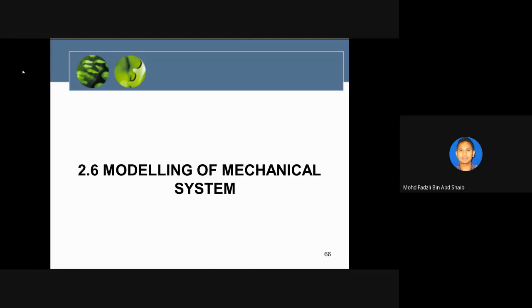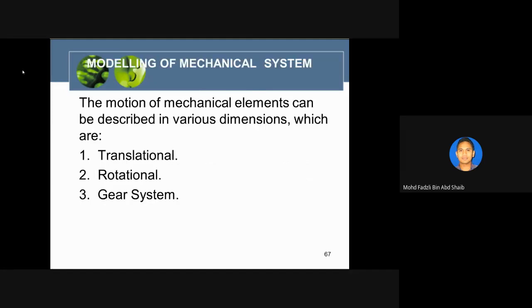Modeling of mechanical system is divided into three different parts, which is translational, rotational, and gear system. These are the main three parts. This part also will be covered in test one.